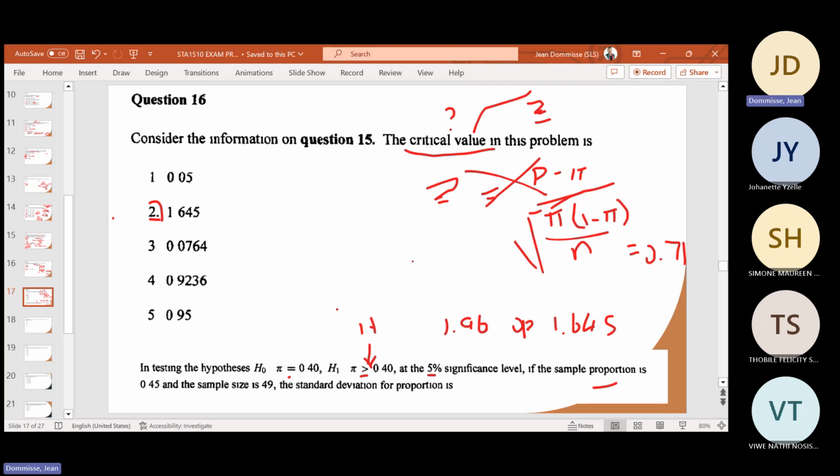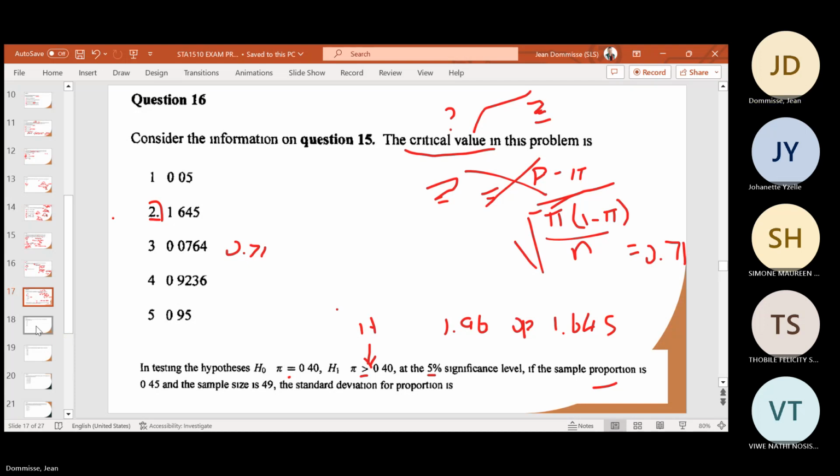That one would probably have been closer to the 0.71. So it might be that in your exam that one is actually 0.71, and not 0.76 or something like that. But if you follow this process, you will get 0.71.